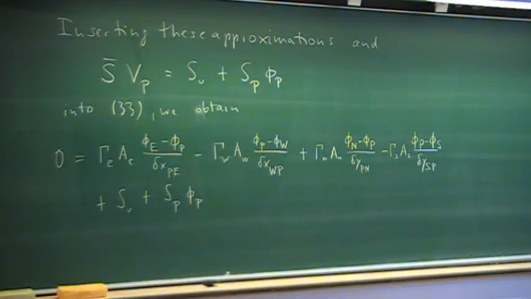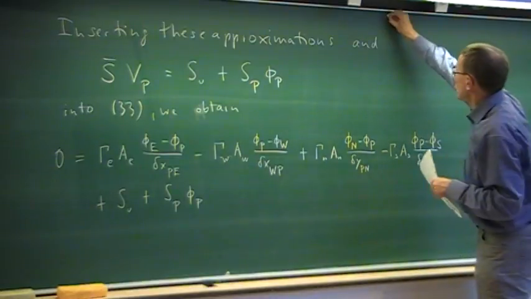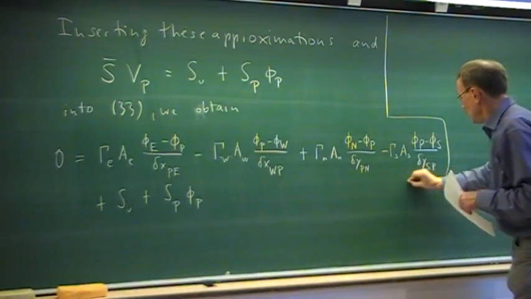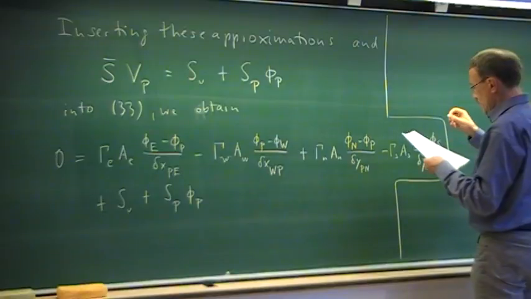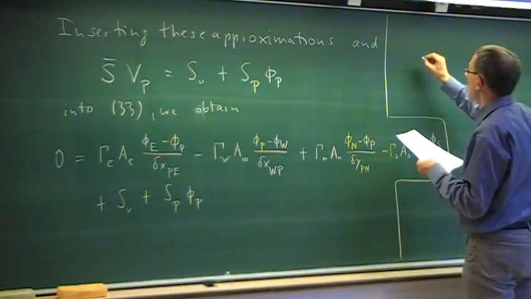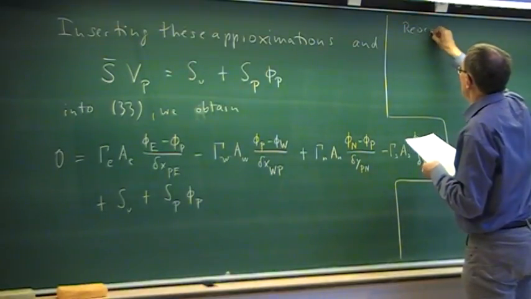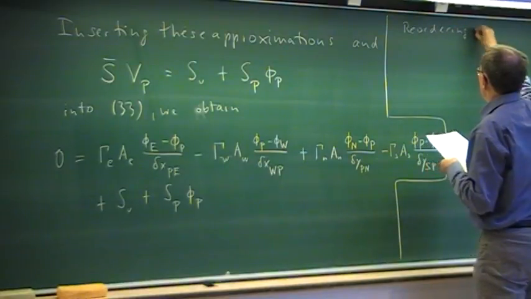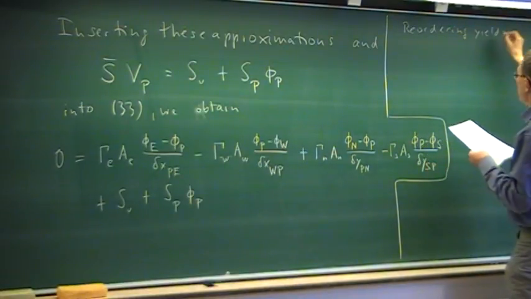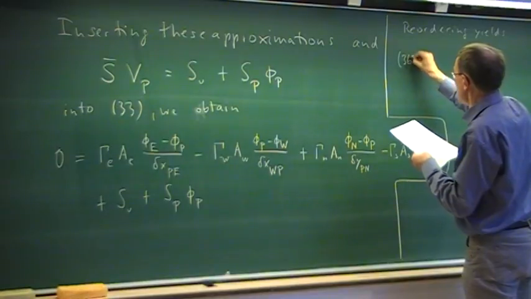We write everything that is dependent on P on the left-hand side and the rest on the right-hand side. So reordering yields then the following, that is then 36.